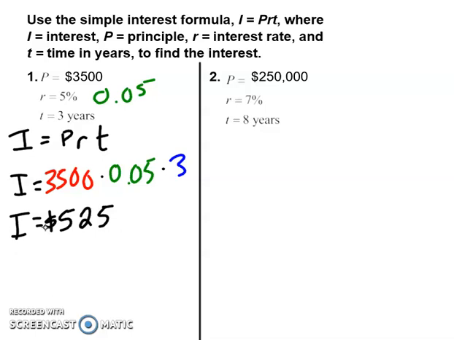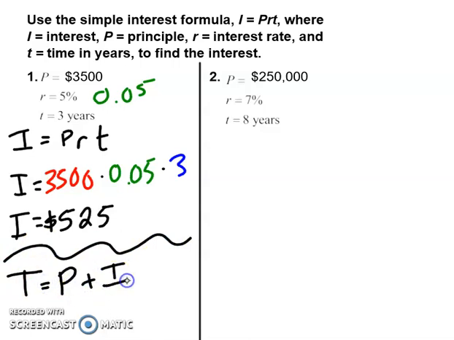So now if we want to find the total amount, our total is going to be equal to the principal amount plus the interest earned, okay? So our principal amount, again, was 3,500. The interest that we earned was 525.